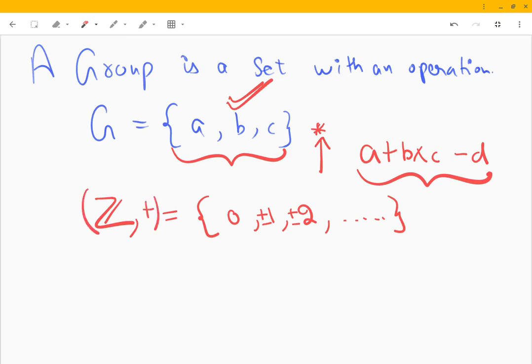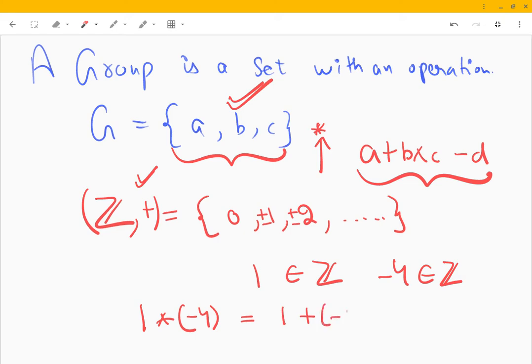So that means that 1 belongs to this group and say 4 belongs to this group, right? Say negative 4. So our function is addition. That means 1 star negative 4 will be 1 plus negative 4, which is 1 minus 4, which is negative 3, right?